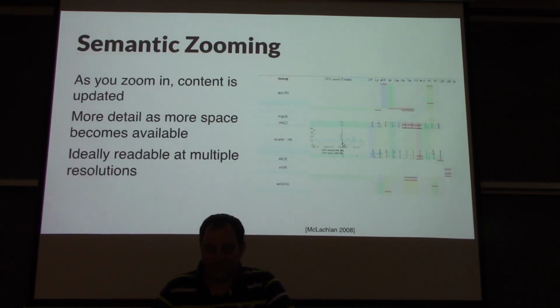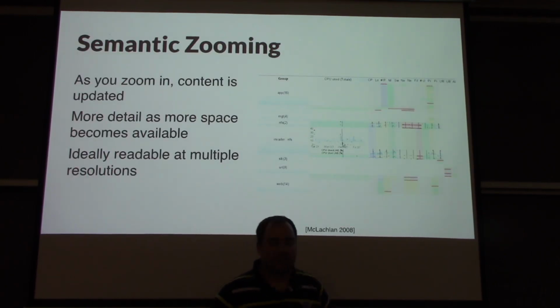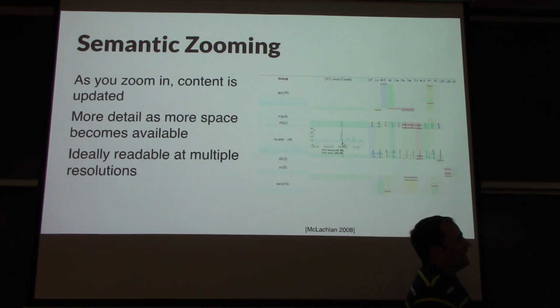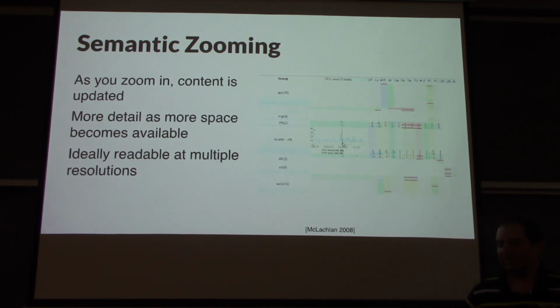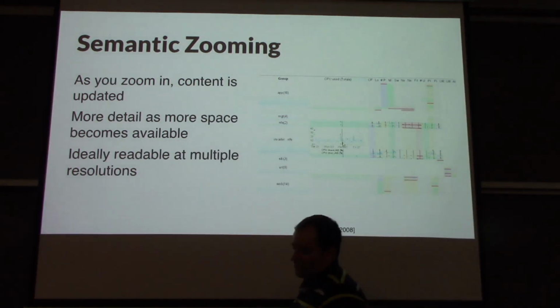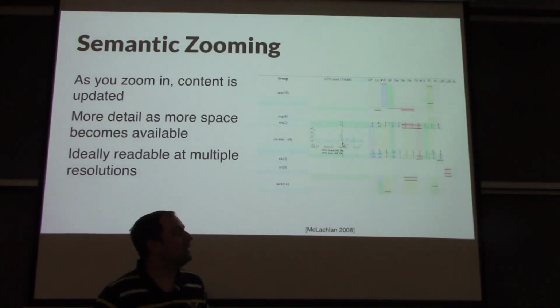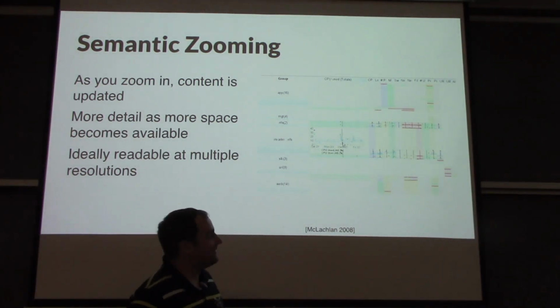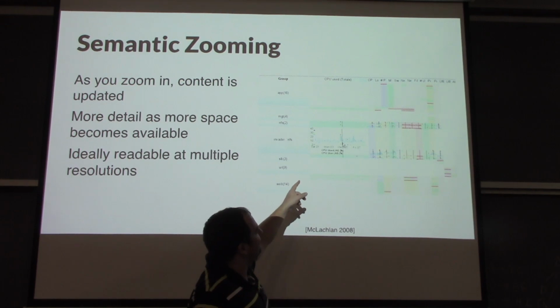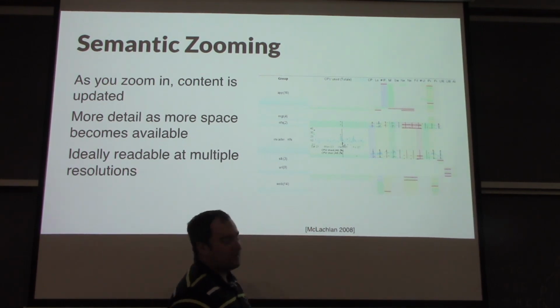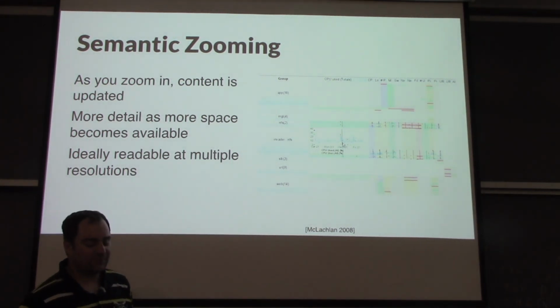Then we talked about semantic zooming, and semantic zooming is essentially this idea that when I drill down into a part of my data set, I dynamically show more information about those items that are zoomed in. Here is this example of a system performance visualization.